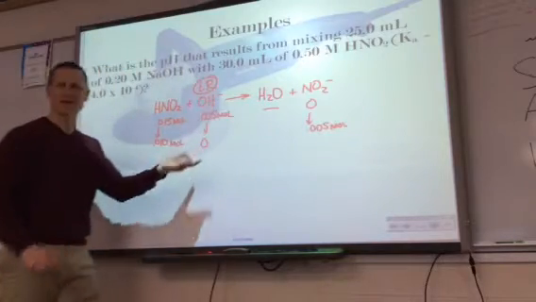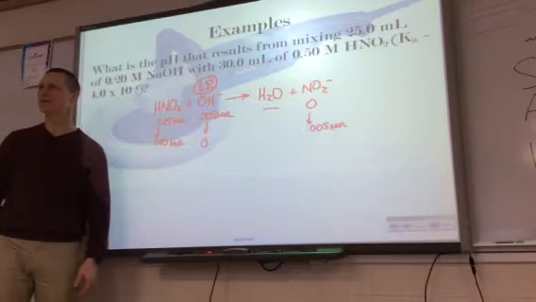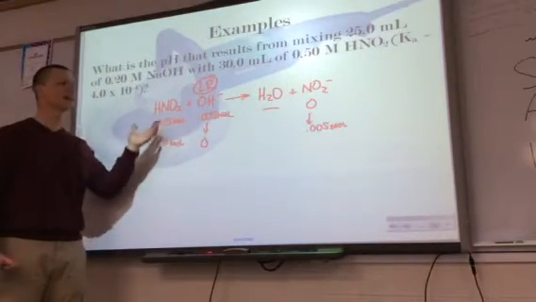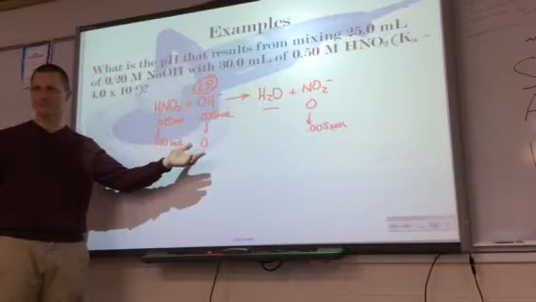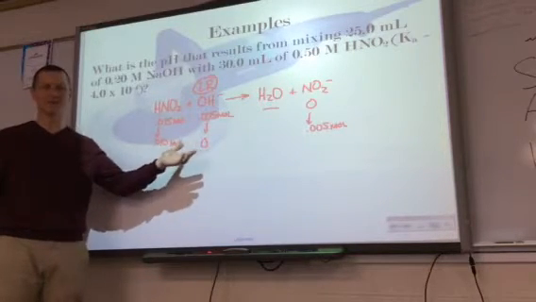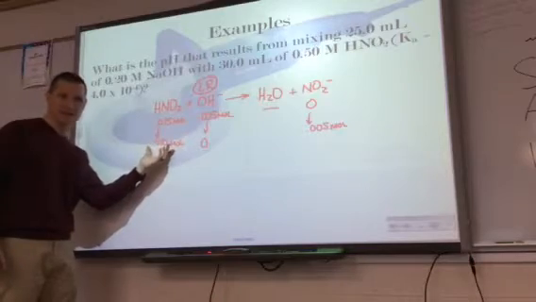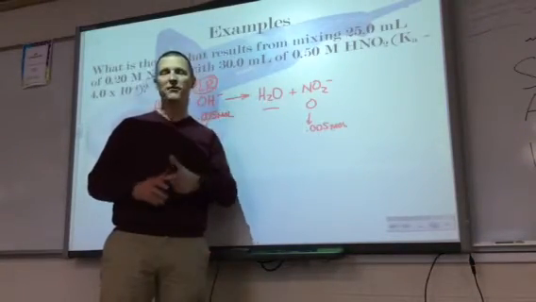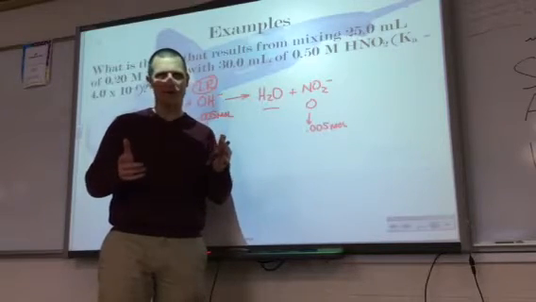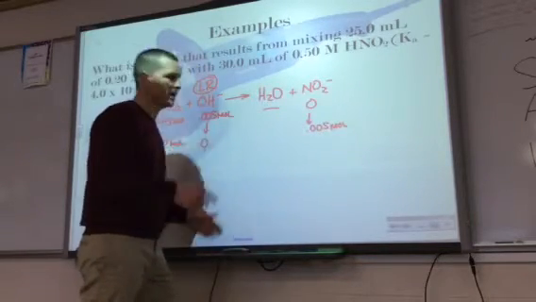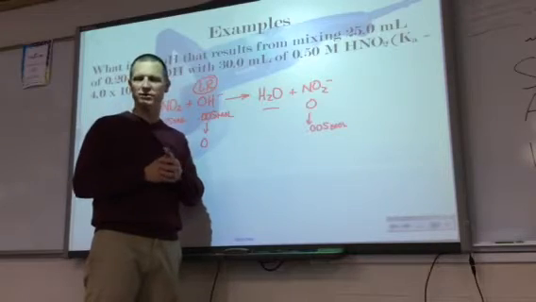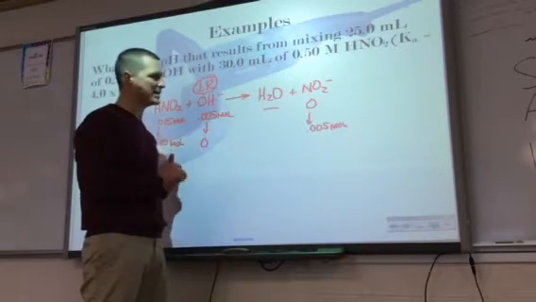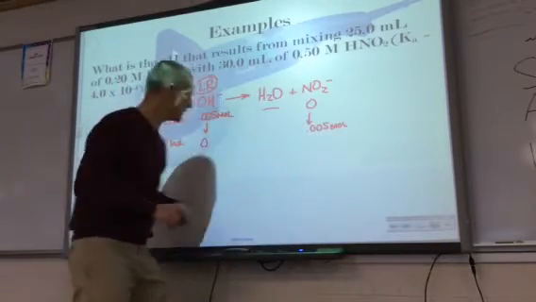Why is it nice that the hydroxide runs out first? What kind of solution are we left with? A buffer solution. We have a weak acid present and some of its conjugate base present. So anytime you have a buffer, use the buffer equation to find the pH. And there's nothing wrong with finding the pH through the ice table, but man, is it handy to use the buffer equation.